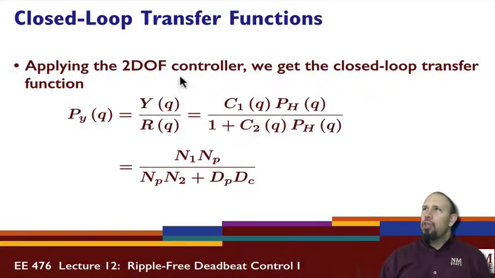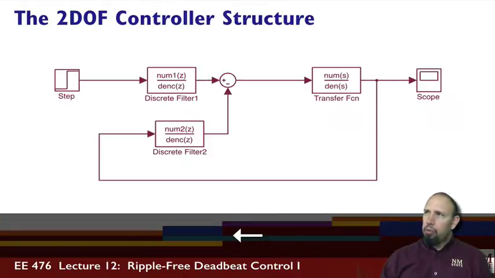Okay, applying the 2-degree of freedom controller, we get the closed loop transfer function given by this expression. So this is the transfer function from the reference input R to the output Y. And how do we get that?